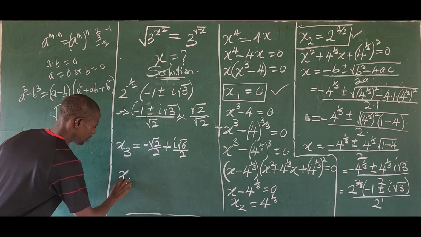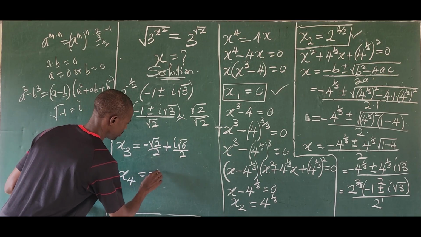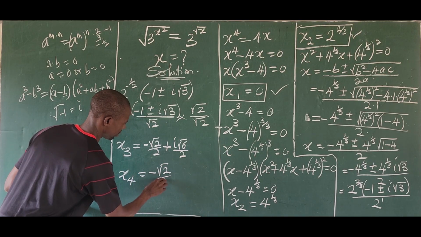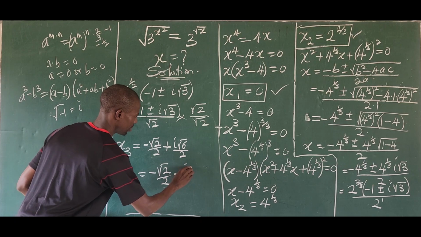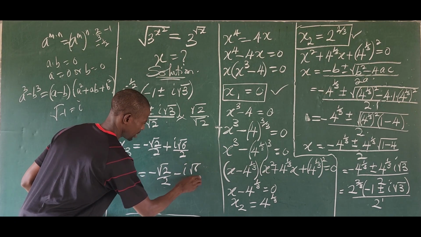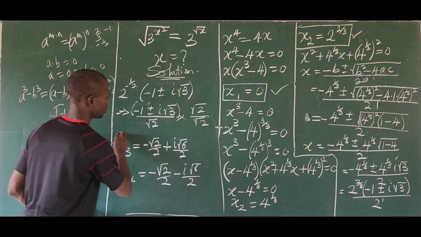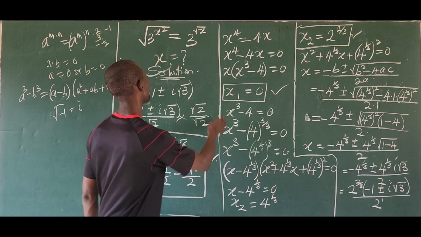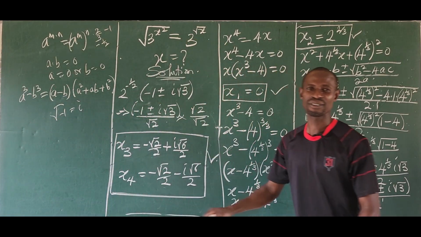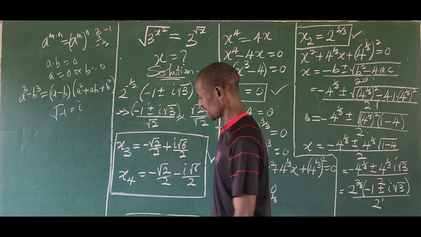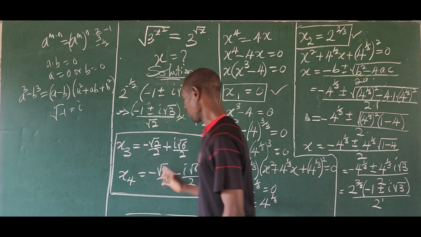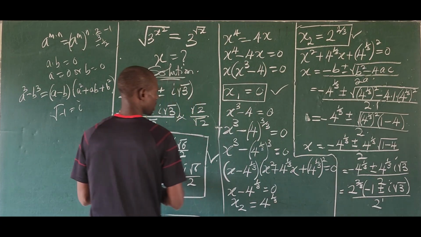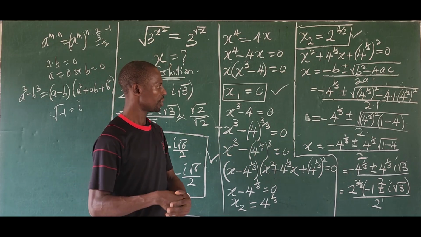And our x4 will give us minus root 2 all over 2 minus iota root 6 all over 2. So in all, we have 4 roots to this challenge, 4 solid roots, of which 2 are imaginary roots and 2 are real roots.